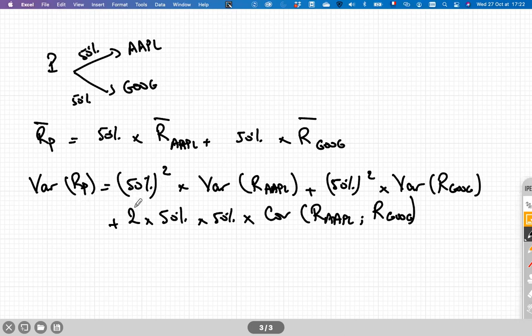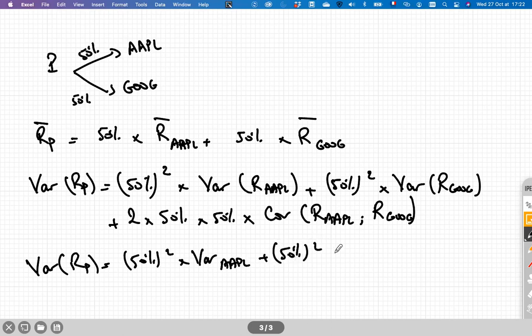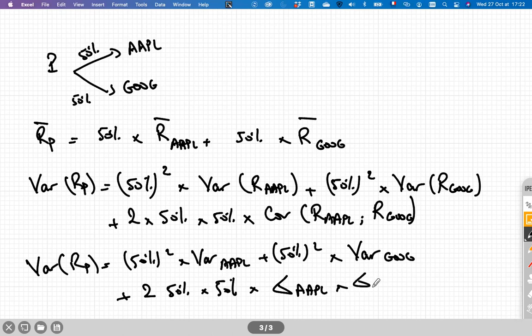The second technique is using the correlation. So the variance of the portfolio is equal to 50% squared times the variance of Apple, plus 50% squared times the variance of Google, plus 2 times 50% times 50% times the standard deviation of Apple times the standard deviation of Google times the correlation coefficient between Google and Apple.